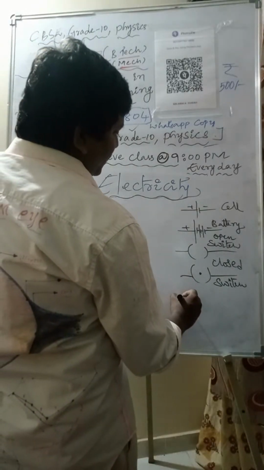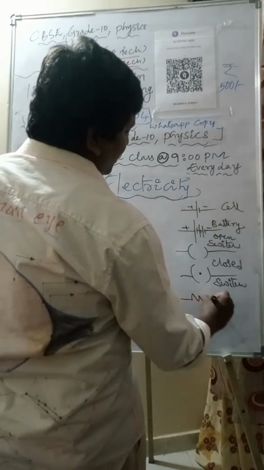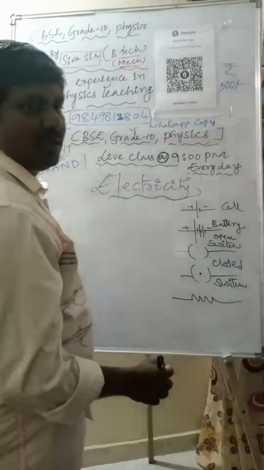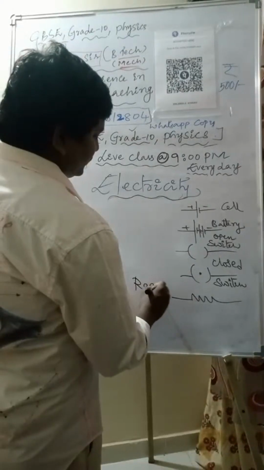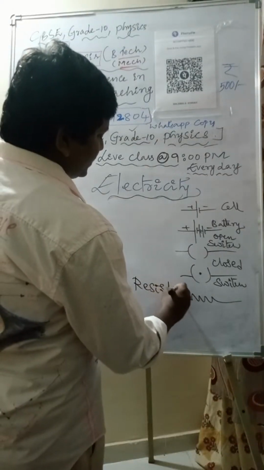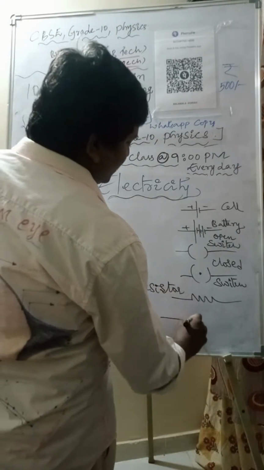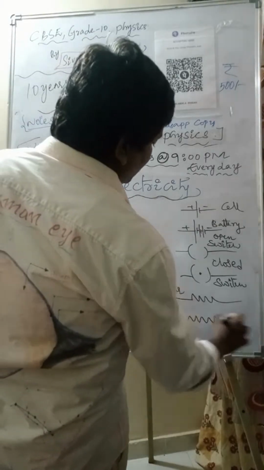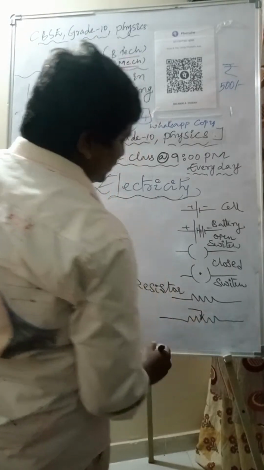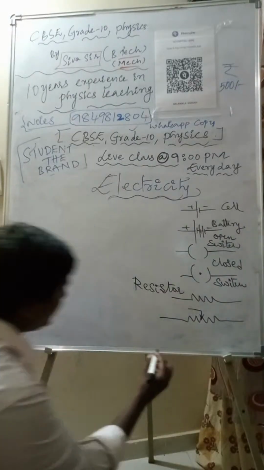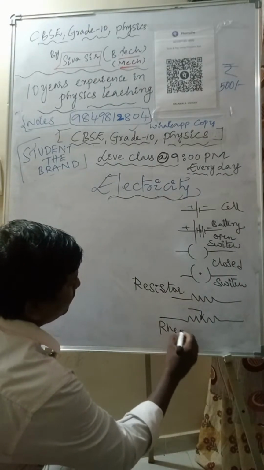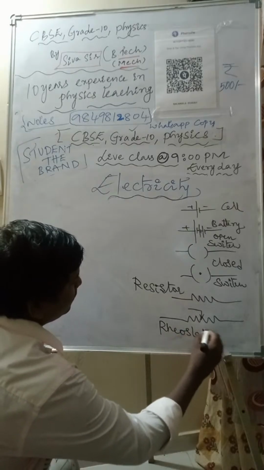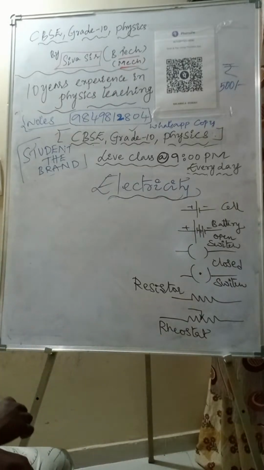Next one, resistor. This is the resistor. And rheostat. Here is the rheostat, you can see. This is the rheostat. So these points you can note down.